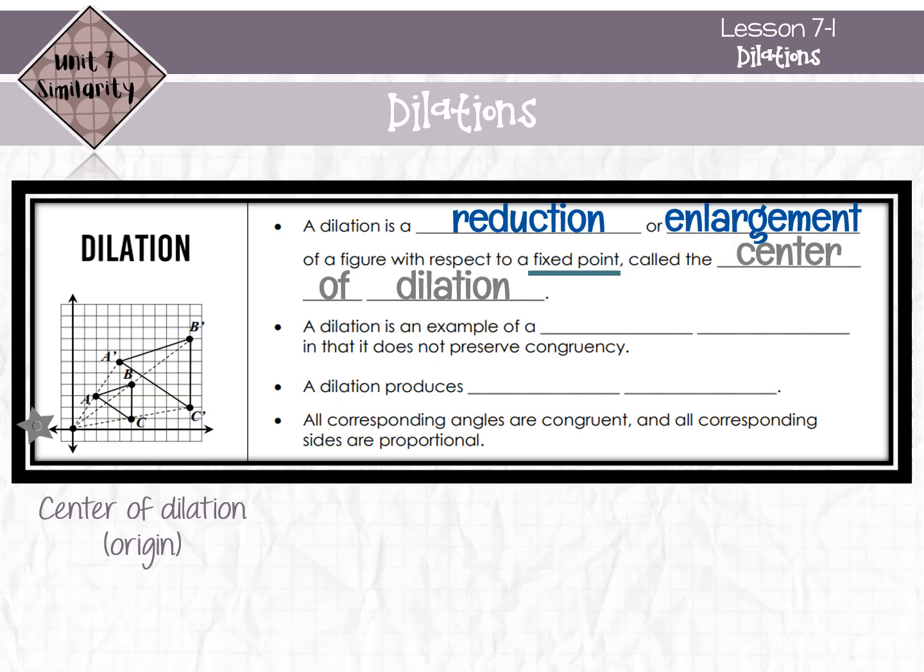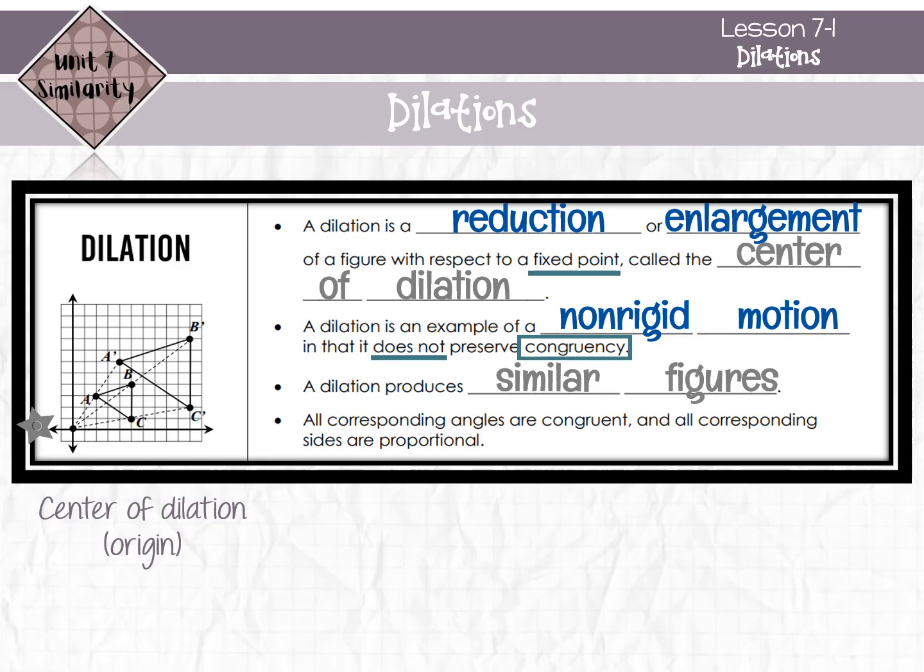A dilation is an example of a non-rigid motion in that it does not preserve congruency. All the other transformations we did, reflection, translation, rotation, were all rigid motion in Unit 3. Now it's non-rigid with the dilation.